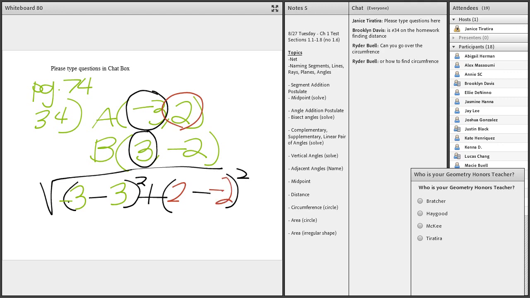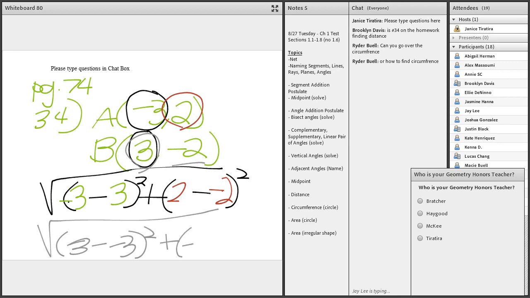You could also have done it backwards, where you did 3 minus -3 squared plus -2 minus 2 squared.